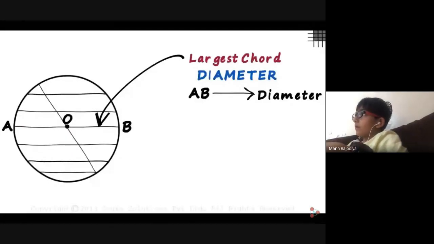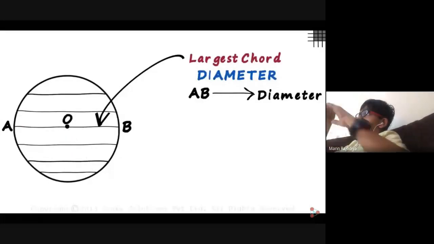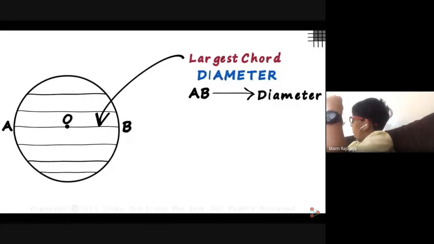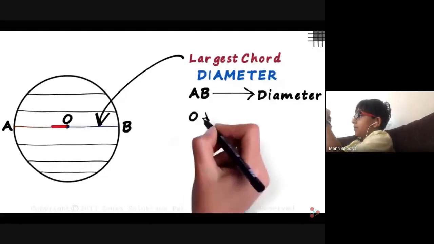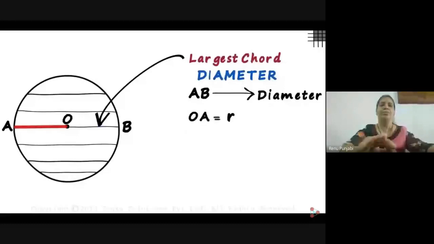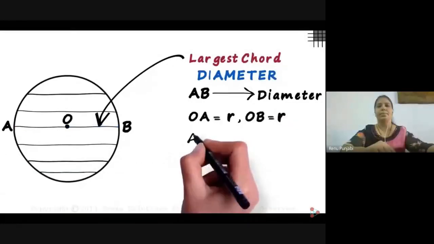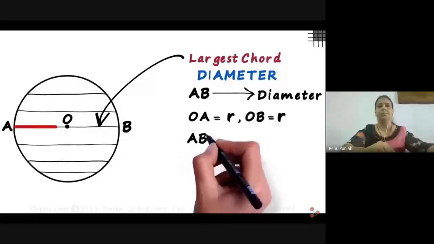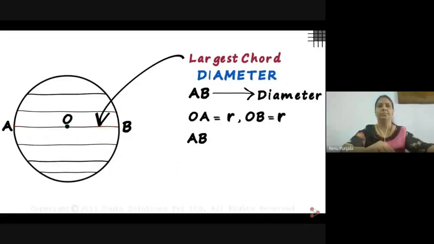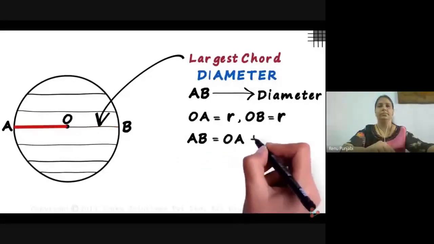Here's another interesting question. Can we write the diameter of a circle in terms of its radius? Let's say the radius is r units. We know that OA and OB are the radii of the circle. OA will equal r units and OB, also a radius, equals r units. Since the diameter AB is a line segment and point O lies on it, we can write it as OA plus OB.